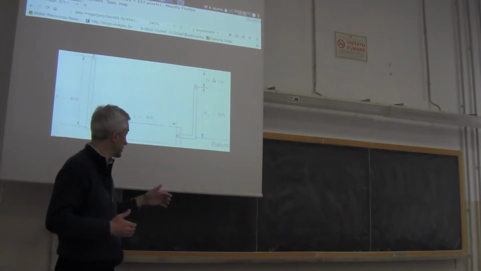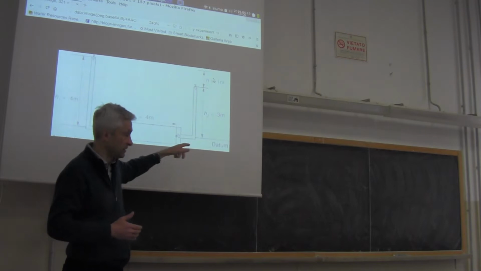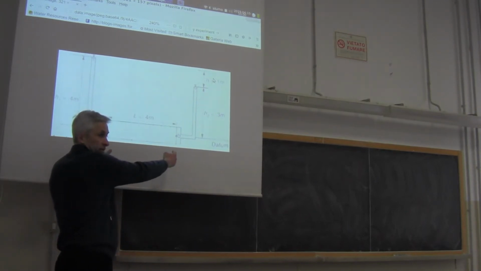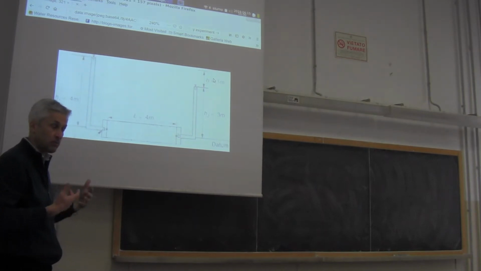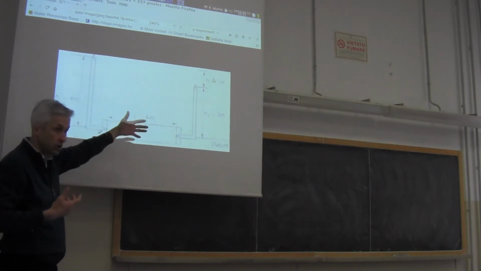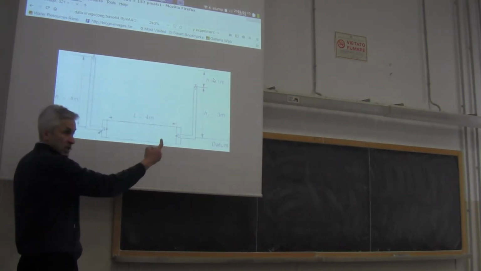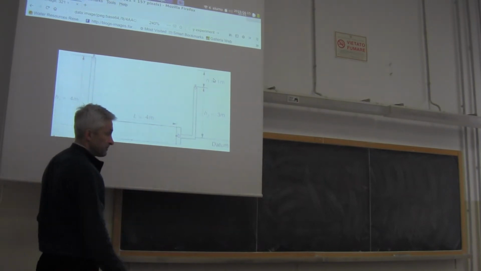So he measured the change in space of head, because he knew also the length of the sand, and he tried to relate with an empirical equation the flow to the change in space of the head.